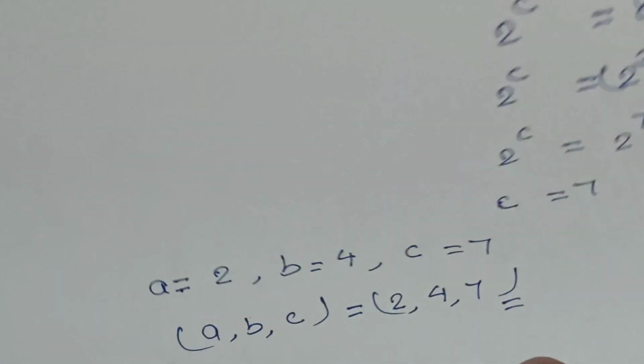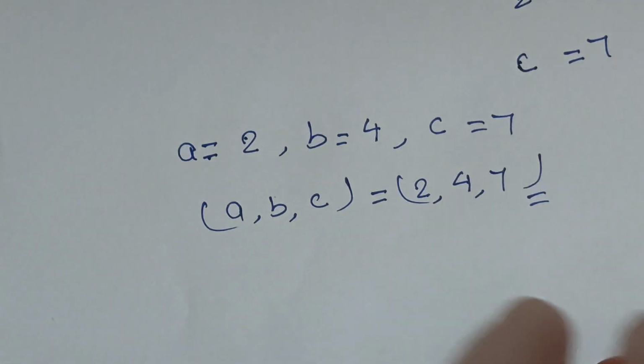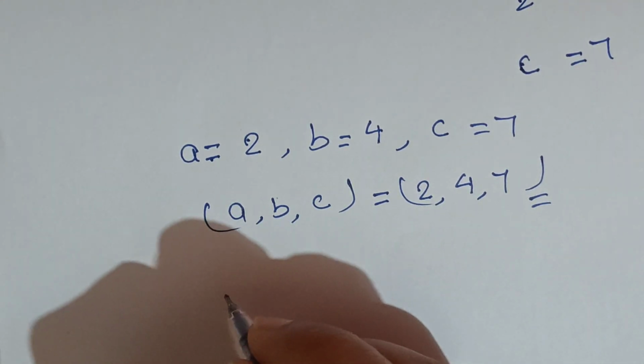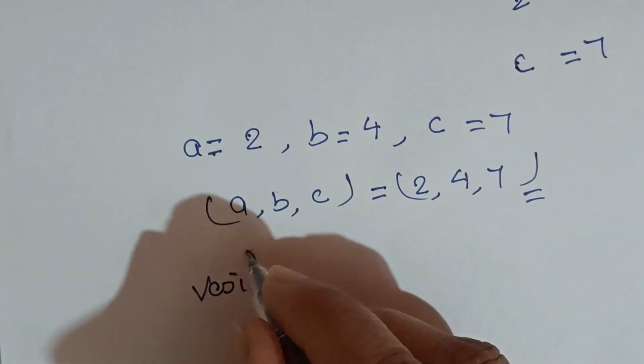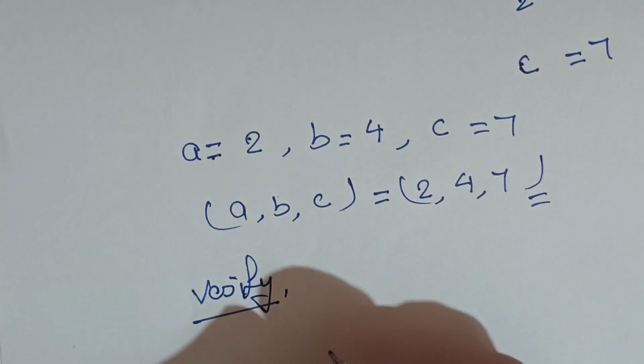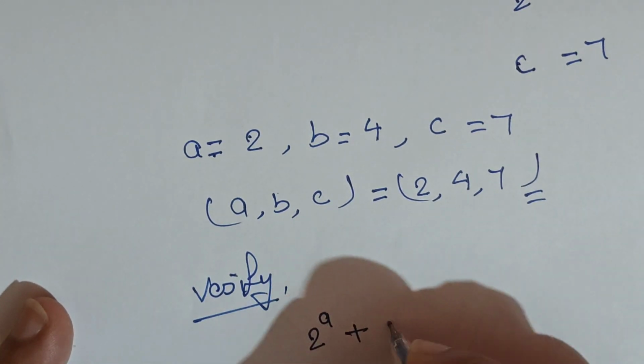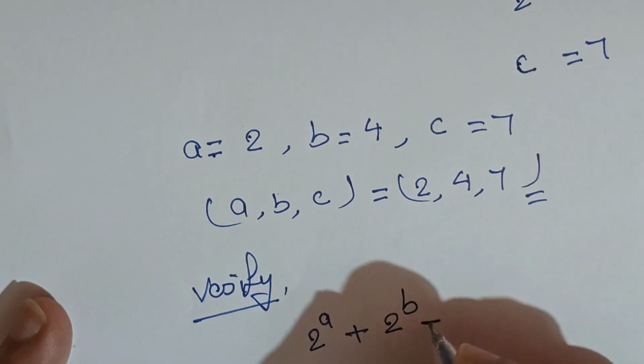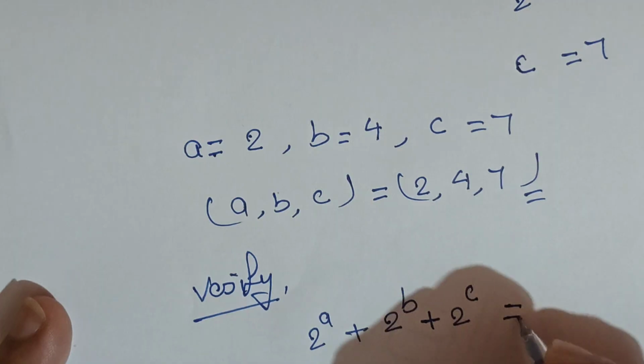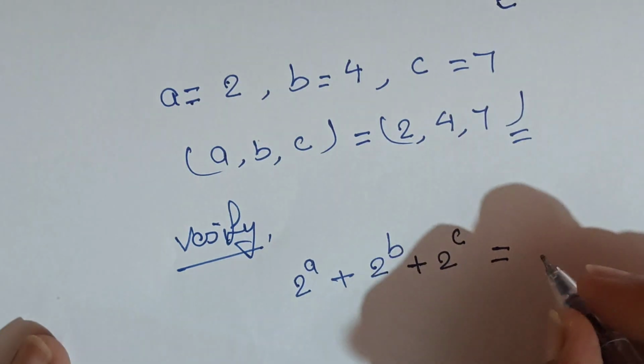Now verify the question. Checking now. 2 to the power a plus 2 to the power b plus 2 to the power c is equal to 148.